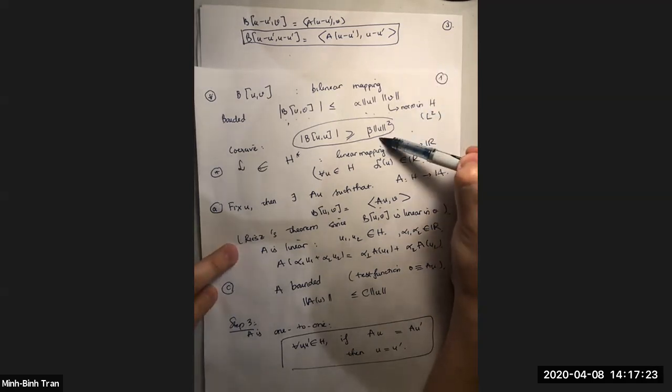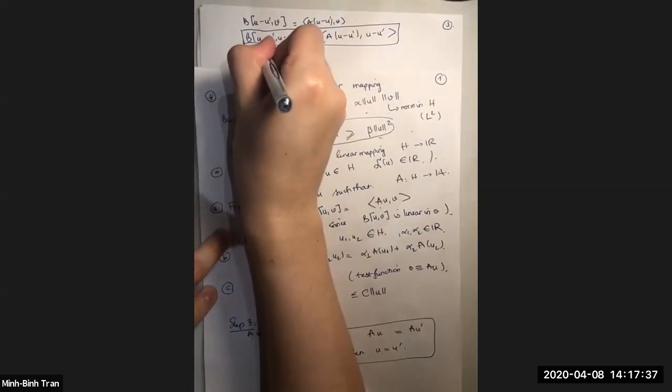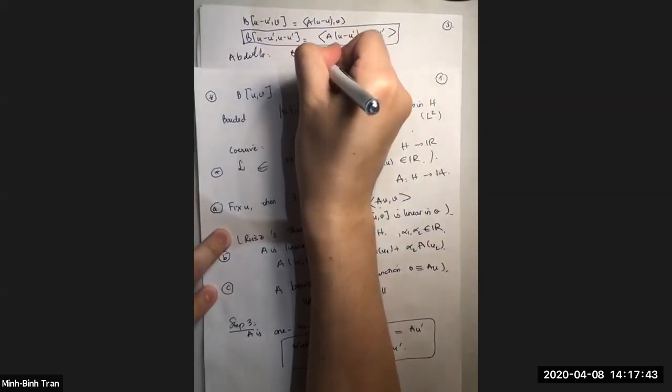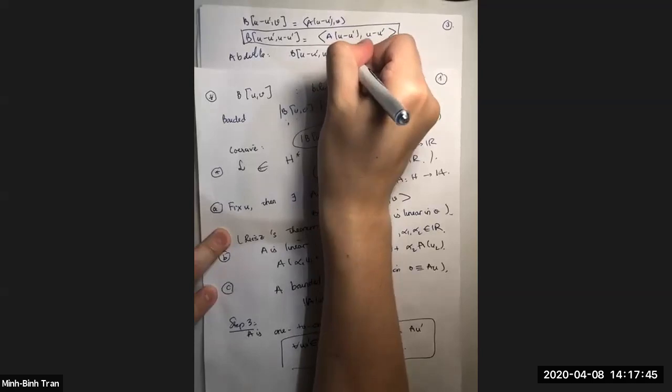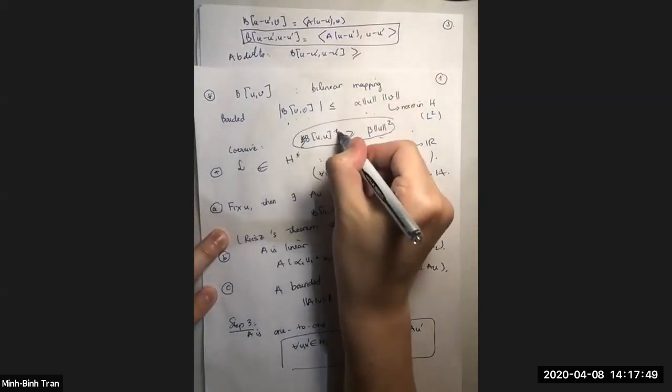This is true for all of the U. Is it true for U minus U prime? Yes, Abdullah's answer is yes. So you have B(U minus U prime, U minus U prime). Sorry, there's no absolute value here.